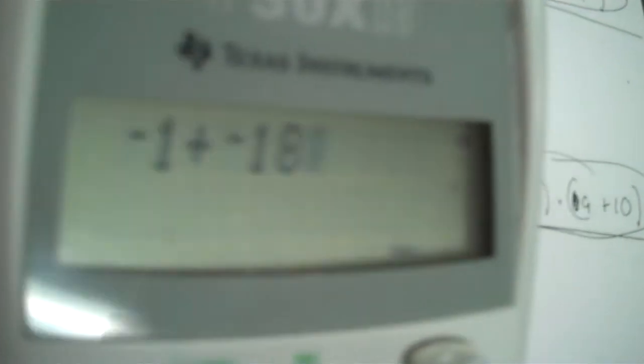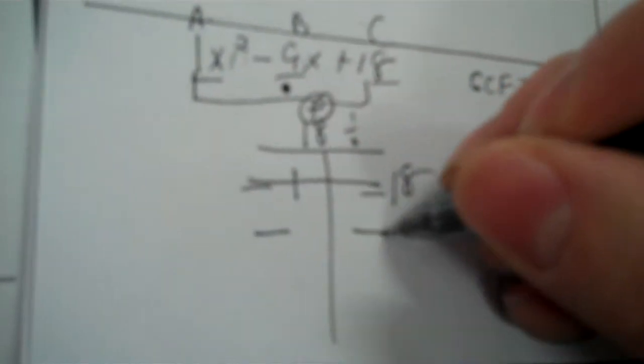Okay, 18 divided by 1 is 18. Here, you take that top number on top of your table, divide by 1, 1 and 18. Now add those. Yeah, that's not what we have. 18 divided by 2, 2 and 9. That's not the right number.